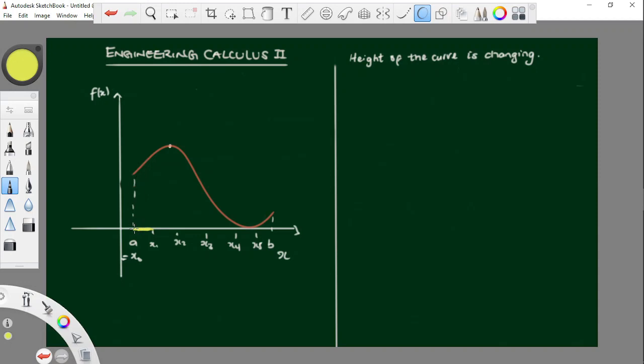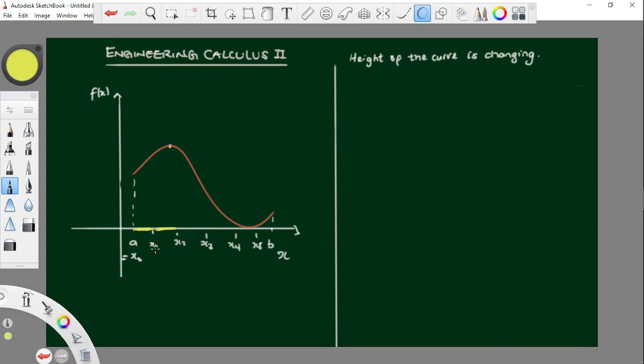It could either be the height of the function at the left endpoint, that is at x0, or it could be the height of the curve at the right endpoint, that is at x1. Again, between x1 and x2, we already know the base, but what would be the height of the curve?